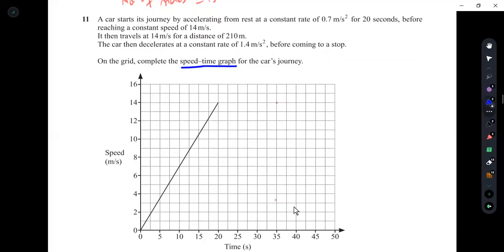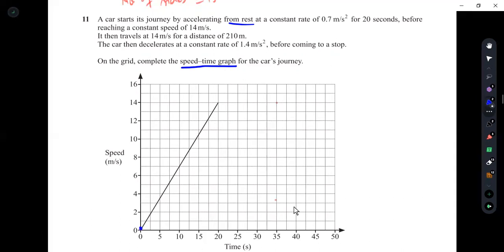A car starts its journey by accelerating from rest. From rest means when it starts, its speed was 0. Then it gradually increases its speed with a constant acceleration of 0.7 meters per second squared. That means every second it was increasing by 0.7 meters per second.